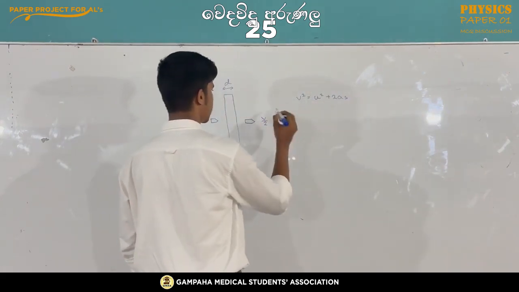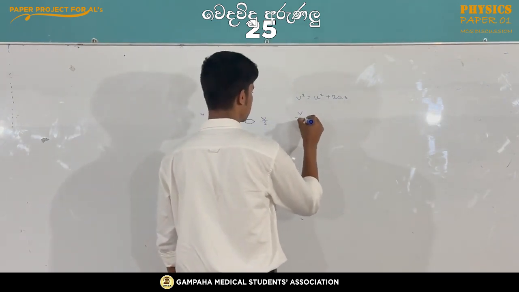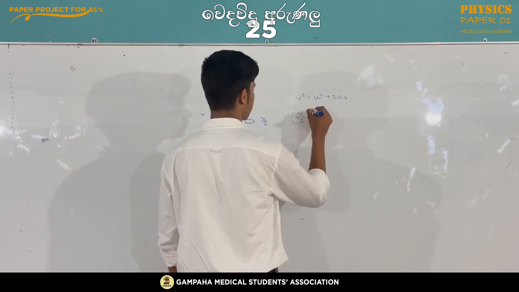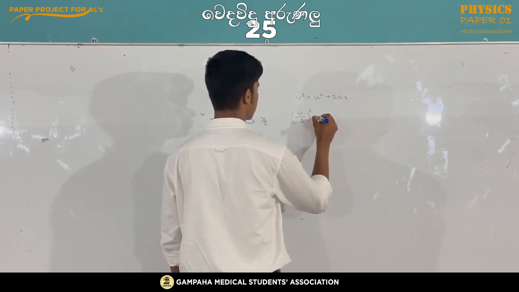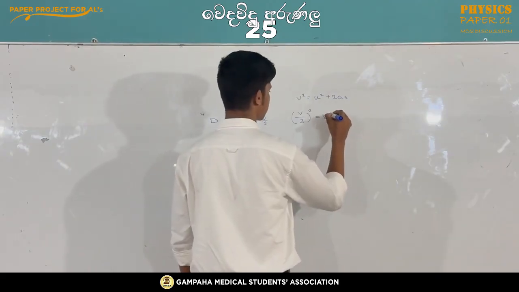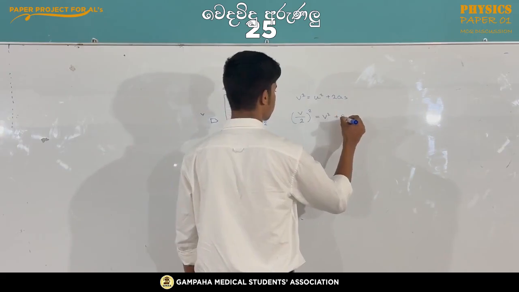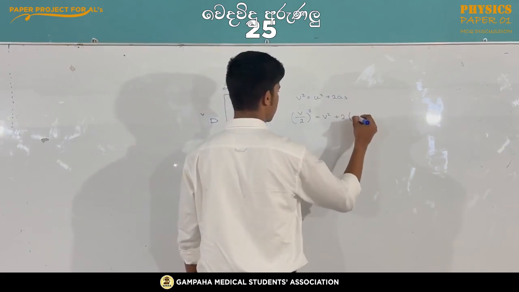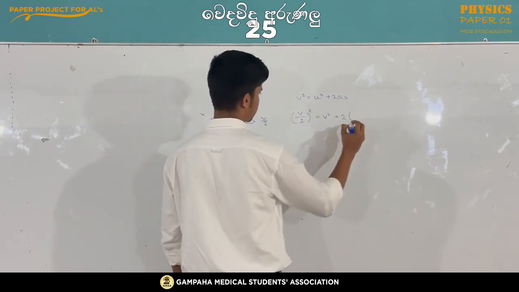So then the final velocity is V over 2. Initial velocity is V. What we are trying to find is the deceleration.